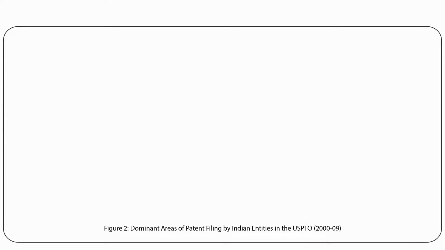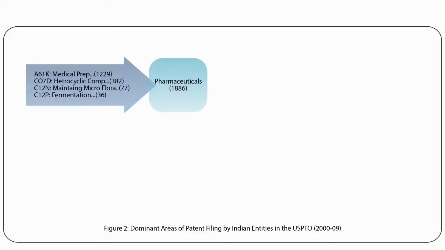Patent filing in the US Patent Office by Indian entities. The US being the major global market, filing in the US gives a good indication of a country's technological strength. Thus, we have examined this trend of filing in the US Patent Office for the period 2001 to 2009. We observe that pharmaceutical is the leading area of Indian filing.